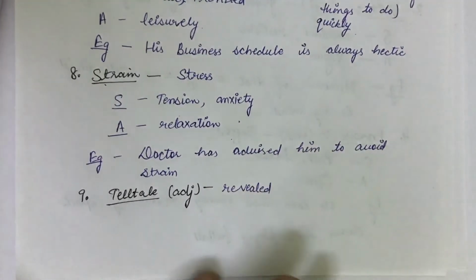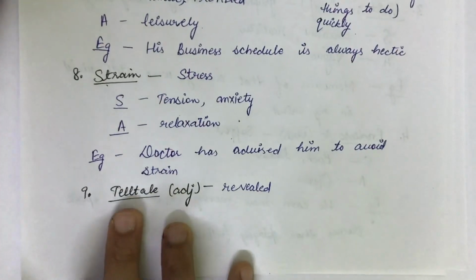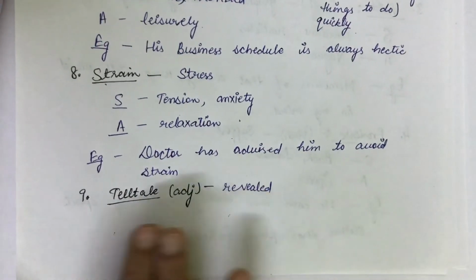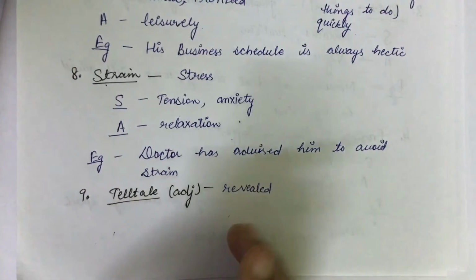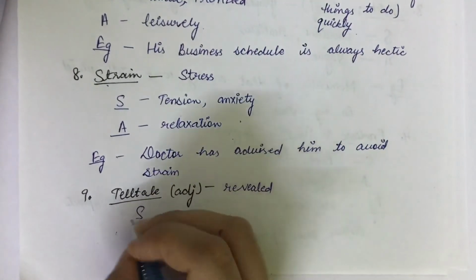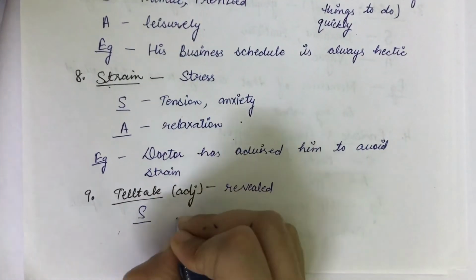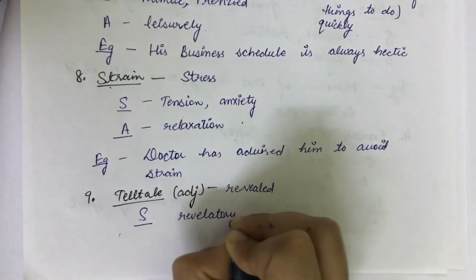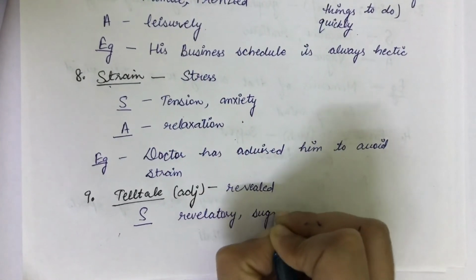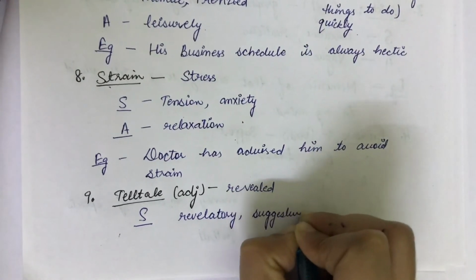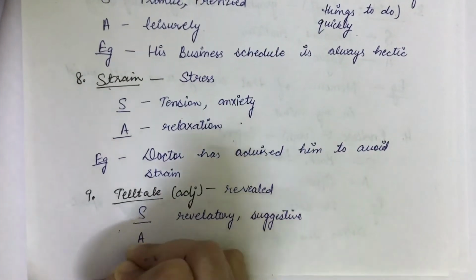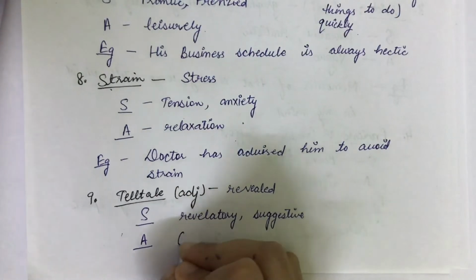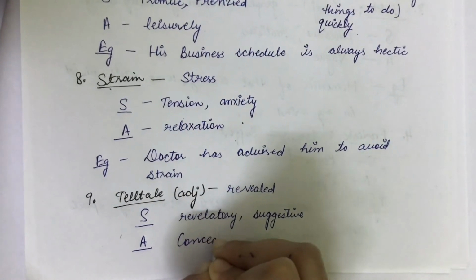When we are revealing something, we can use the word telltale. The synonyms are revelatory and suggestive. Talking about antonyms, it is concealing.